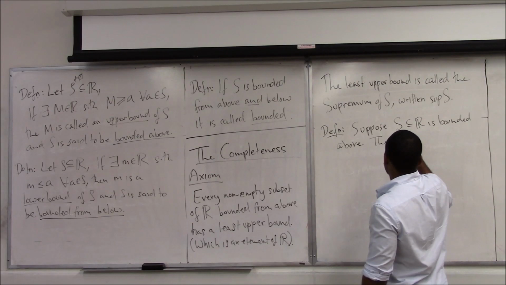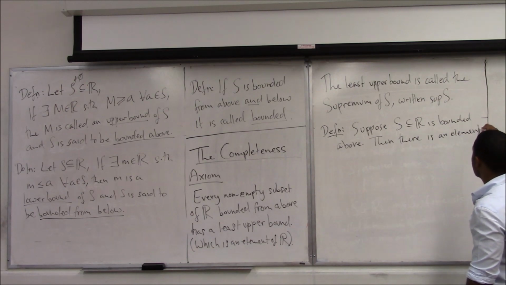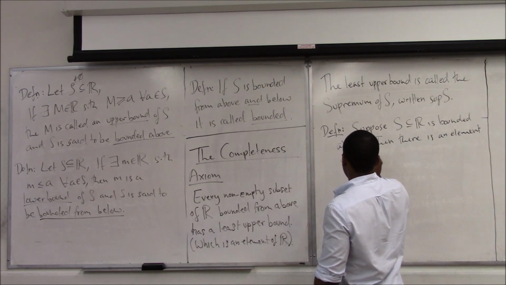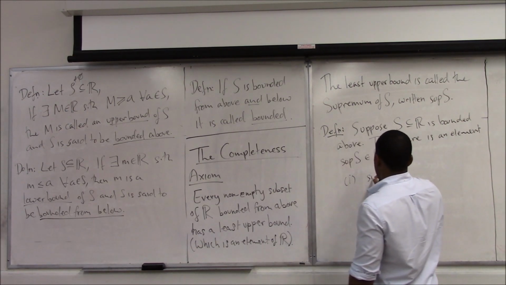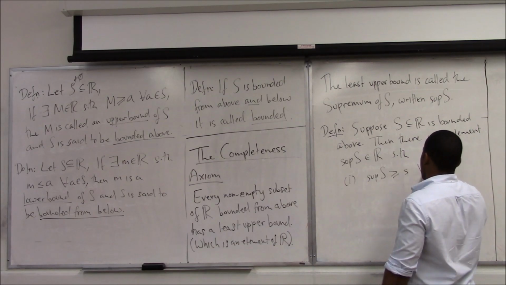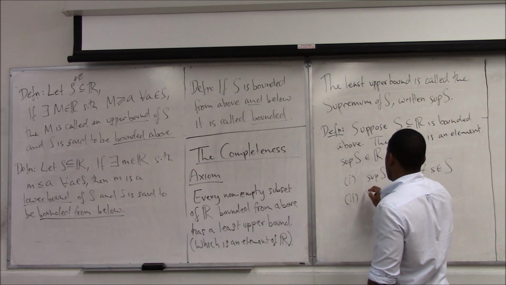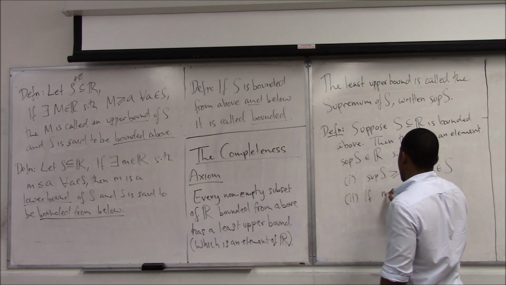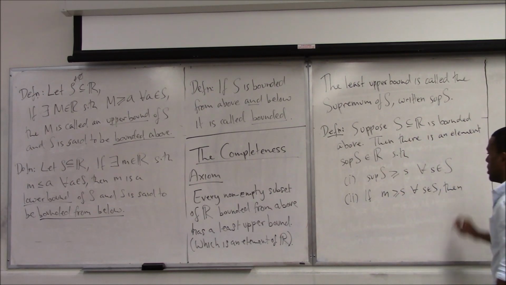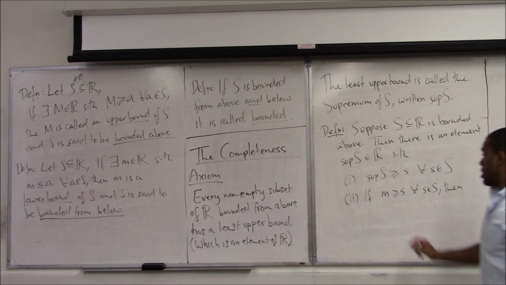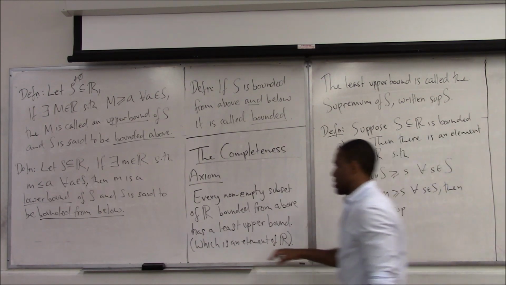Then there is an element, which we denote sup S in R, such that 1, sup S is greater than or equal to s for all s in S, and 2, if M is greater than or equal to s for all s in S, so that means M is some other upper bound, then your M must be greater than or equal to the sup.